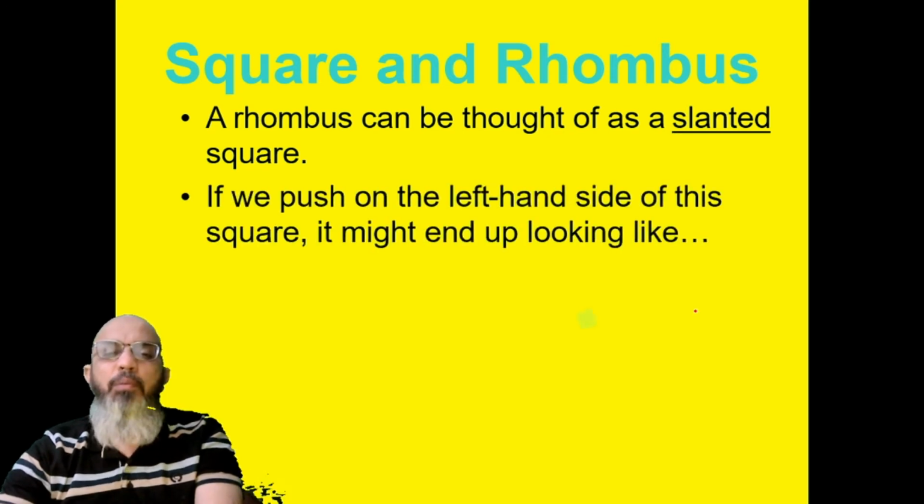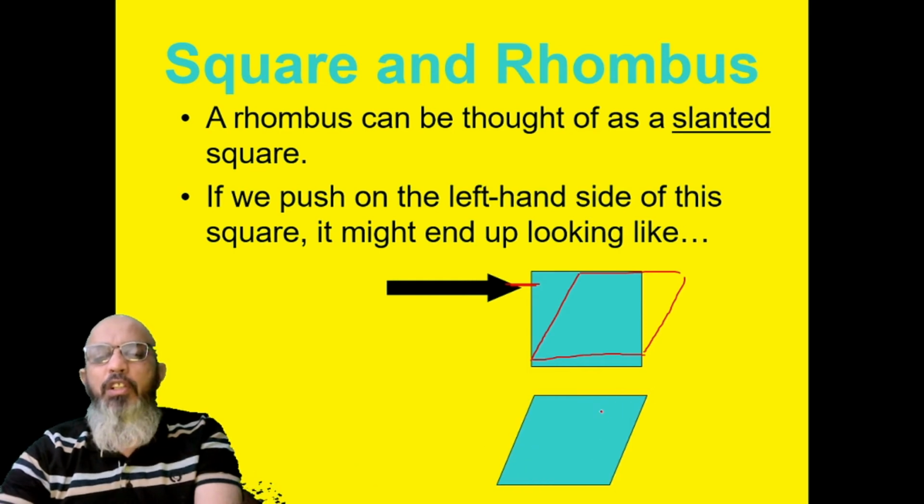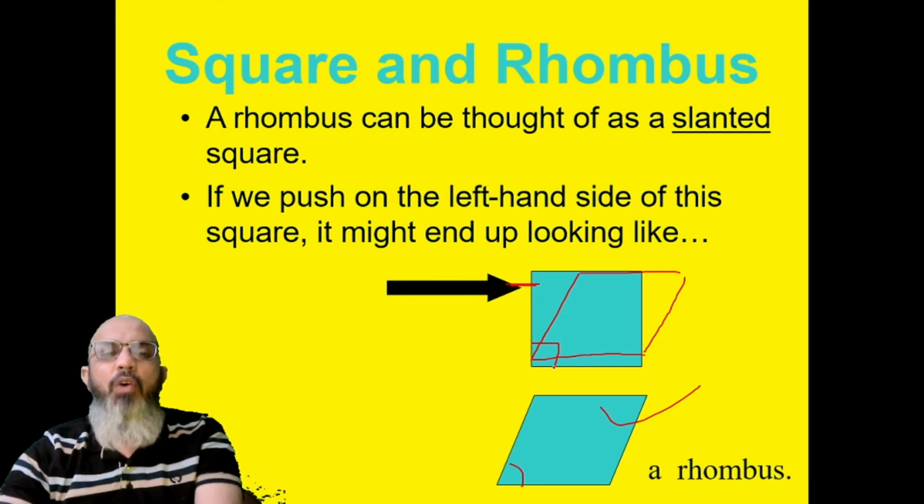Look here. If we have a square and push it from here, it will come out like this. What is this shape? That is a rhombus, right? It is almost similar, and the only difference is the angles. A square has four right angles, but a rhombus doesn't. Clear? Now come to the next.